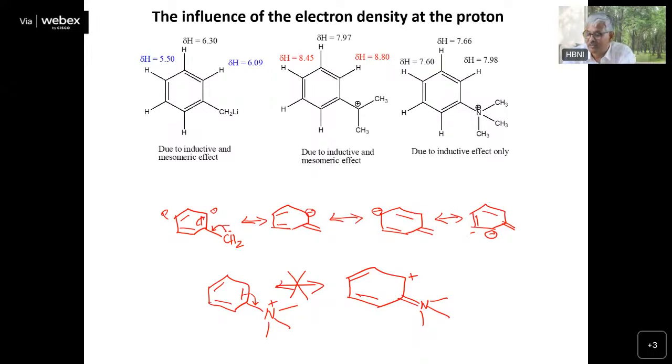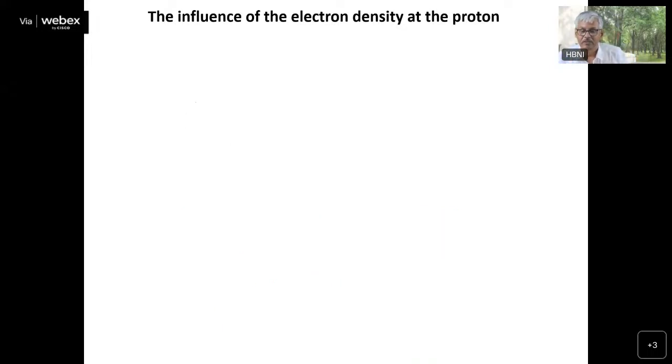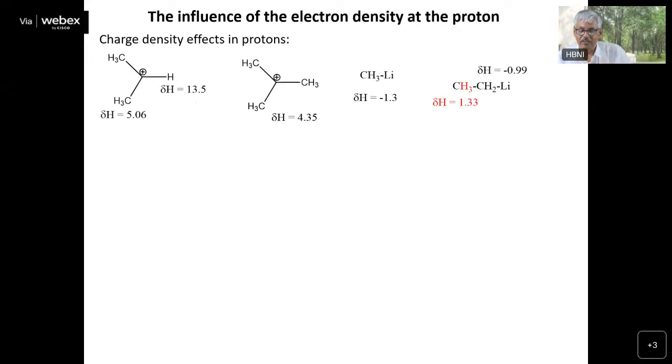So that's why this is a molecule where you see only the inductive effect, whereas here you can see both inductive and mesomeric effect. Again, very similar examples, I will not go into the details.